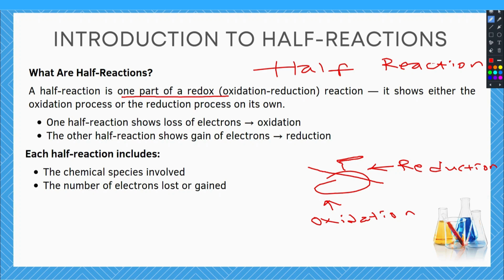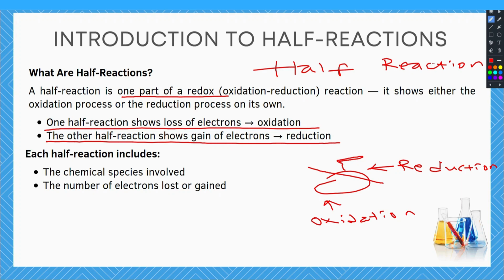I hope you're following. So one half reaction shows the loss of electrons, that is the oxidation part, while the other half rather shows the gain of electrons, which is reduction.